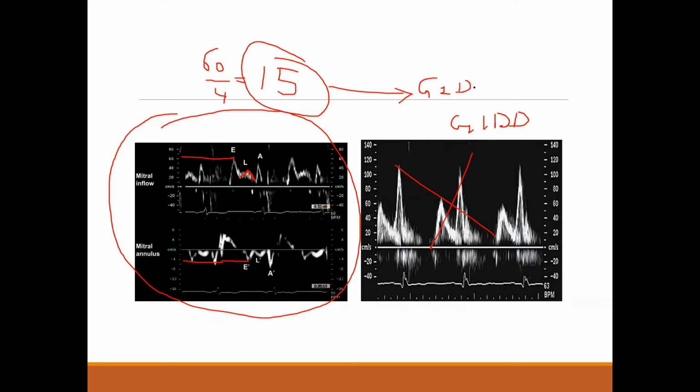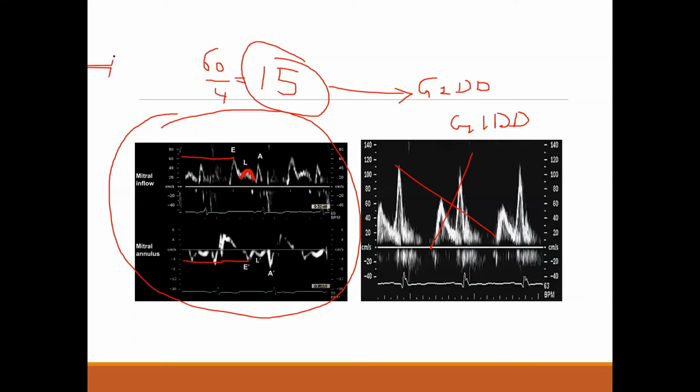Grade 2 diastolic dysfunction. So when you see the mid-diastolic flow, or the so-called L hump, this indicates elevated LVEDP, because when you have high LVEDP, the valve keeps open even during mid-diastole.